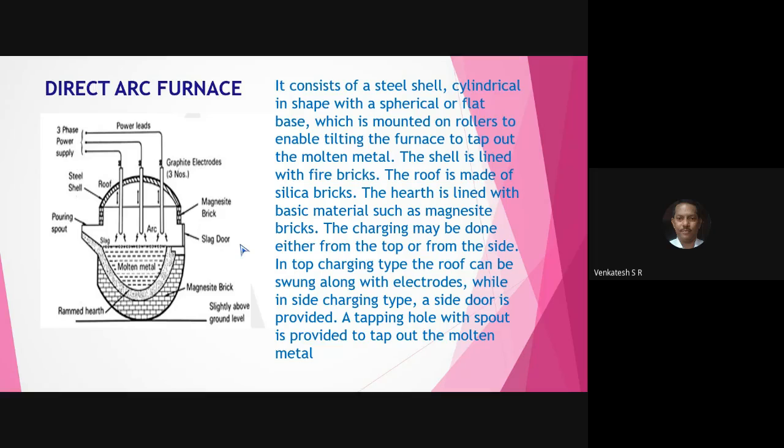While converting the metal into liquid or molten metal, the waste particles present in the metal are converted into slag, which floats on the upper surface of the molten metal.